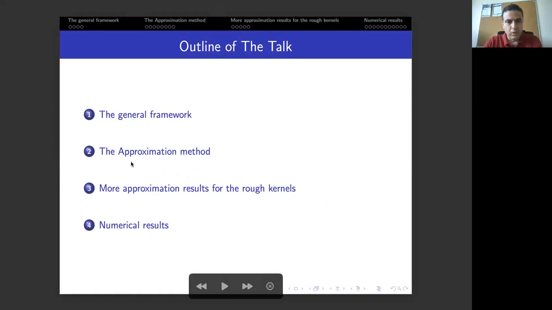And then I will focus more on when the kernel is of rough type, and I will show you some numerical illustration on the specific rough Bergomi stochastic volatility model, and finally I'm going to present some numerical results on that.